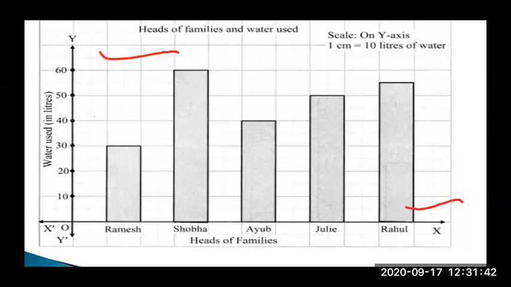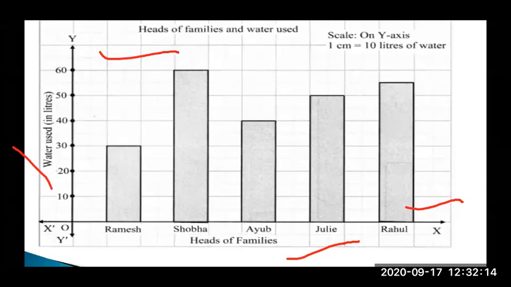Now after making a line of x-axis and y-axis, on the x-axis what are you going to write? You are going to write the heads of family, because it is given in the question, name of the head of the family. So you will write heads of the family on the x-axis line, and on the y-axis line you will write water used, in bracket, in liter.